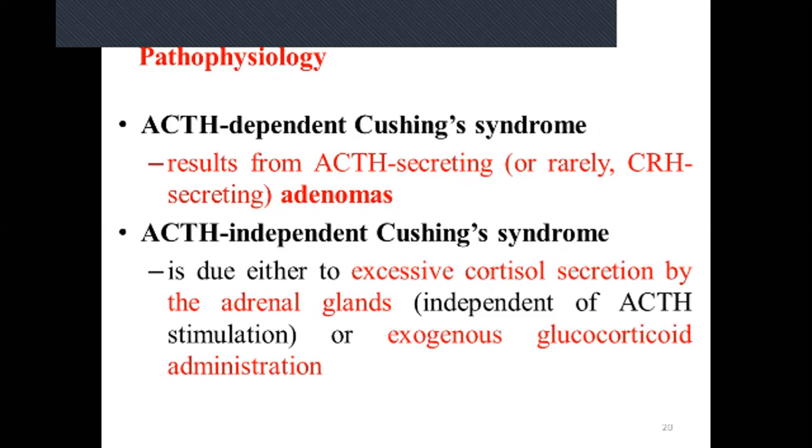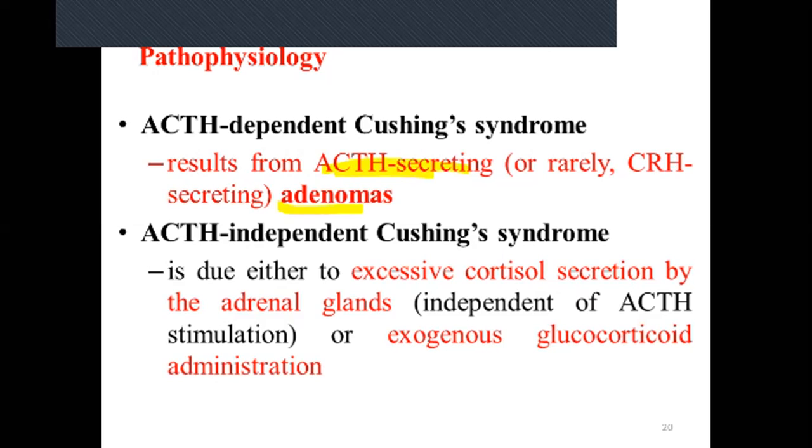Because of this, the pathophysiology we are going to discuss in two parts: ACTH-dependent and ACTH-independent Cushing syndrome. ACTH-dependent means it is due to an adenoma that increases production of ACTH, a secreting adenoma.